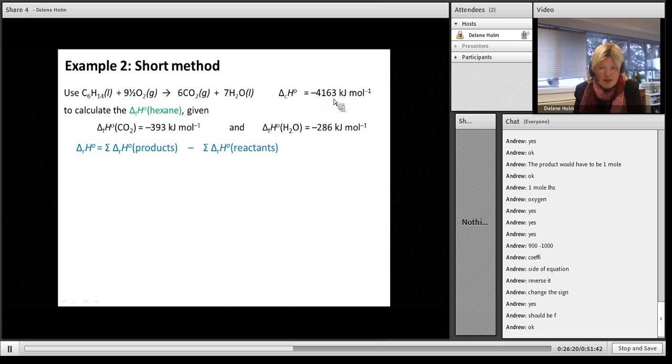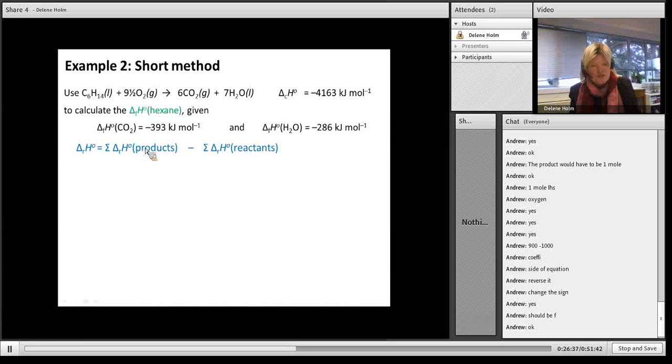So that value minus 4163 is going to be our delta RH. And then our products is going to be this, and our reactants is going to be that. Simply because, remember, it's the heat of formation of the products and the heat of formation of the reactants.